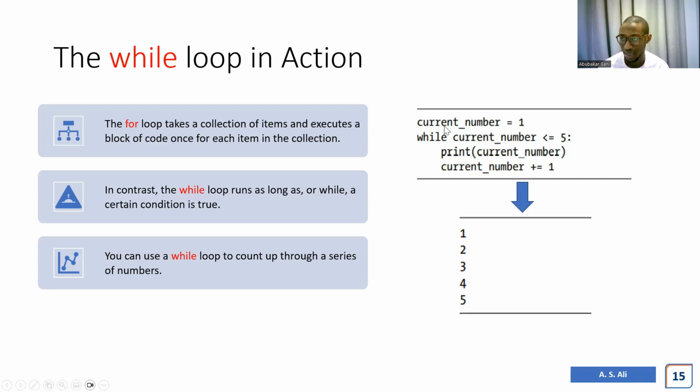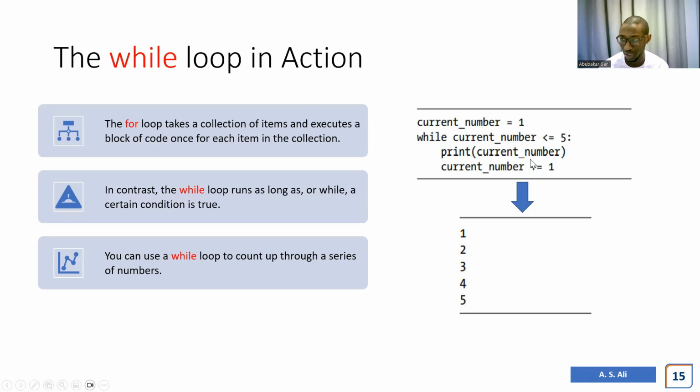For example, let's take current number equals 1. As long as current number is not greater than 5, we want to continue printing the current number. So if current number equals 1, we are going to print current number, which in this case is 1. Then we add to current number.